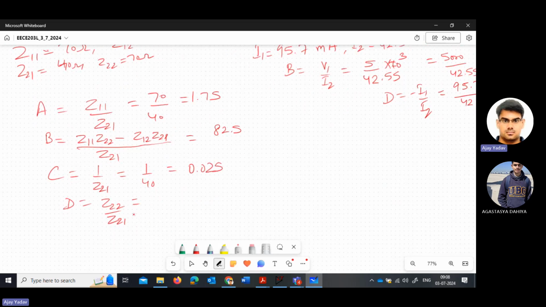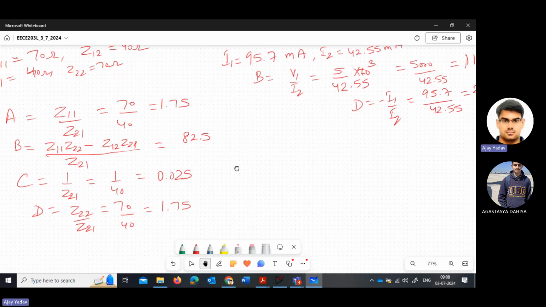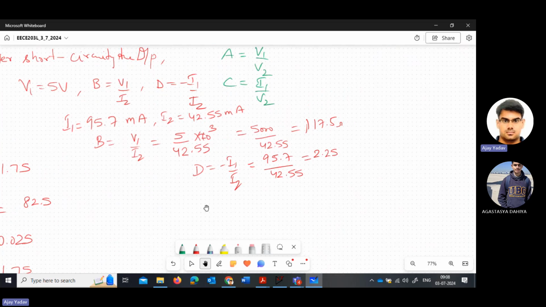It is 70 divided by 40, 1.75. A and D are near 1.75, but our value is coming out to be 2.25.